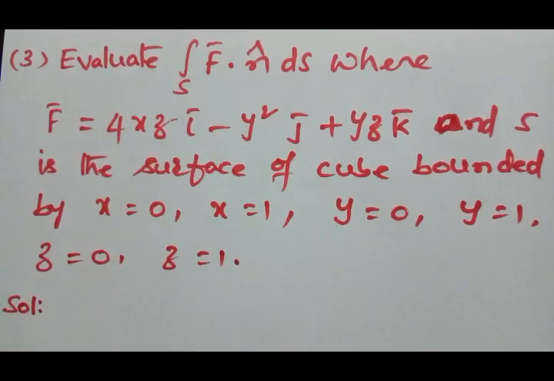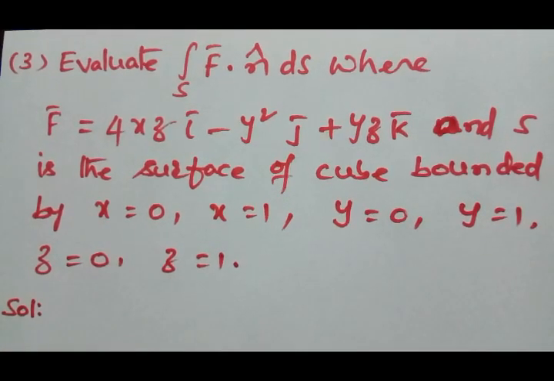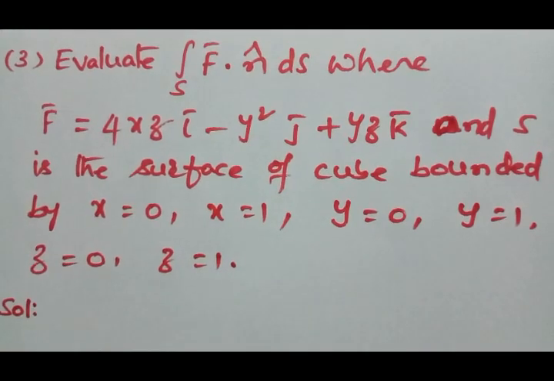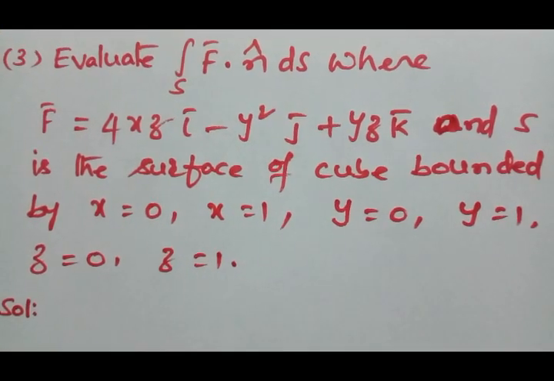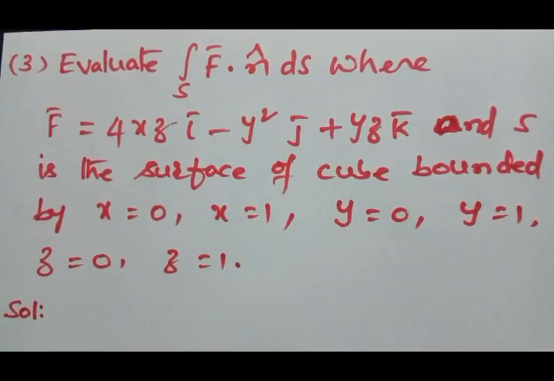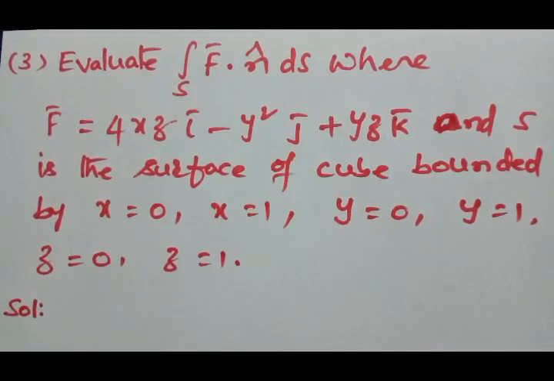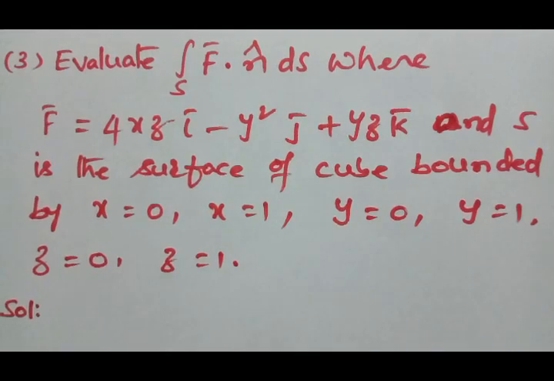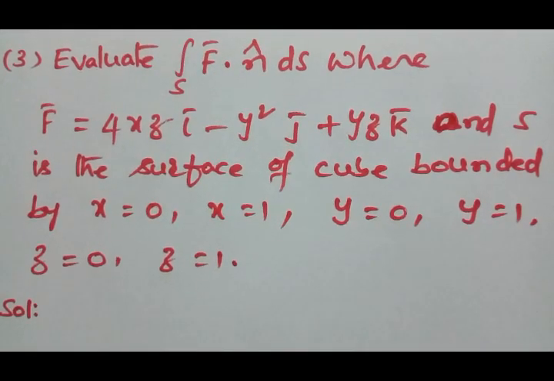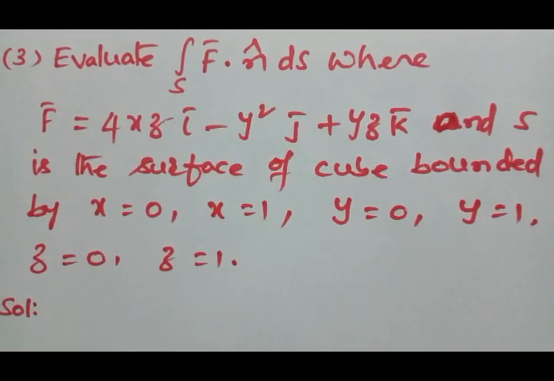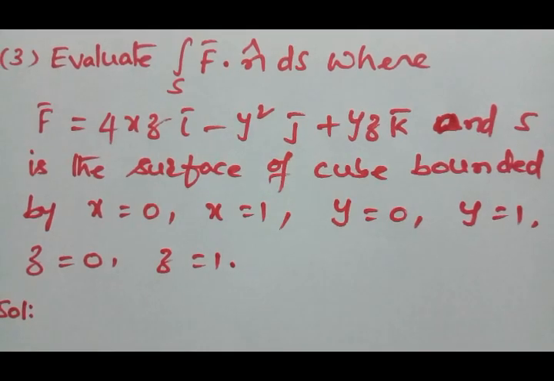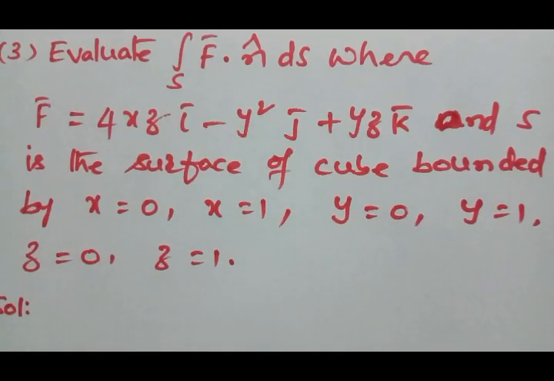Here our surface of the cube is bounded by the lines x equal to 0, x equal to 1, y equal to 0, y equal to 1, z equal to 0, and z equal to 1.